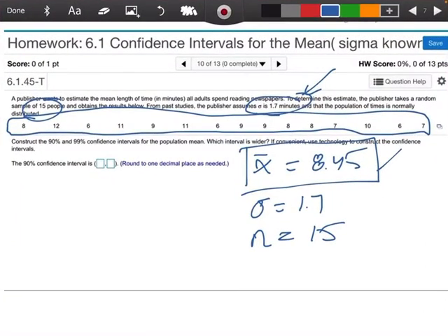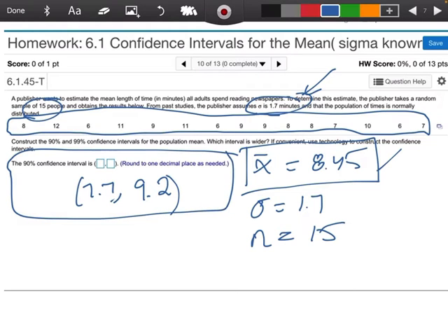Oh, it says 1 decimal place, so 7.73 would be 7.7, and 9.2, okay? All right, so there's my answer. This should be my answer for the first part, okay?